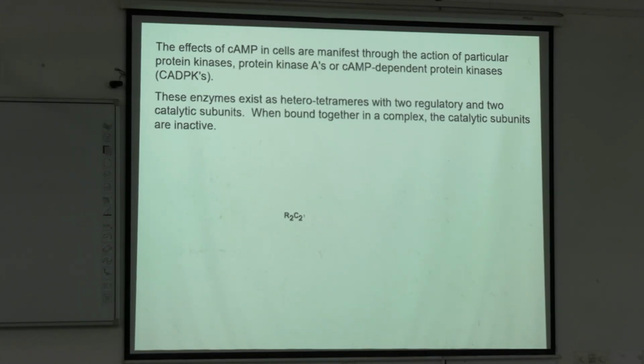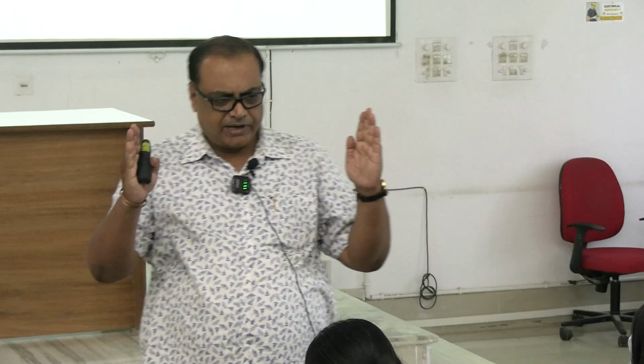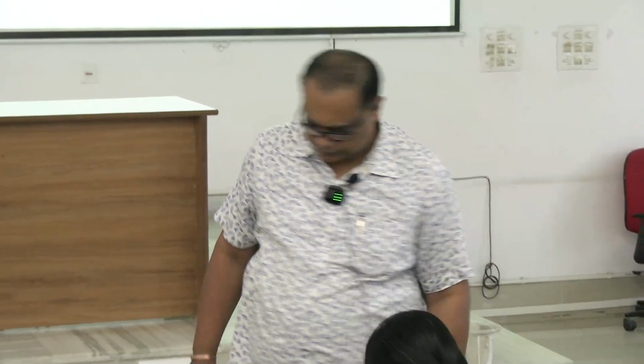Tetramer means 4 subunits, and hetero means 2 subunits are not identical, so heterotetramer means R2C2. R stands for regulatory subunit and C stands for catalytic subunit. When R and C are associated, they are inactive; when they are separated, they are active.